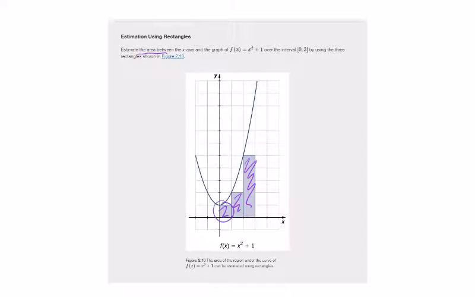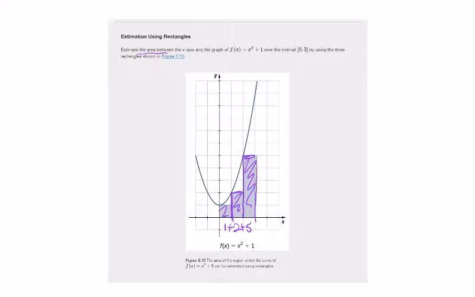So this rectangle is a 1 by 1, so the area would be 1. This rectangle is a 2 by 1, right? 2 high and 1 wide, so 2 times 1 is 2. So we're going to go 1 plus 2. And then this one here is something by 1, but it's going to be 1, 2, 3, 4, 5 by 1, so it'll be 5.